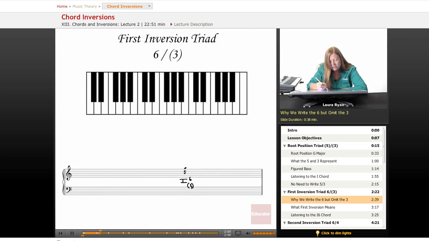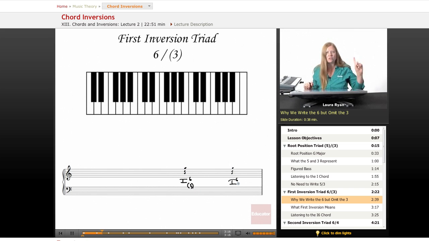There are 3 notes between the bottom note and the fifth. So the 3 is not necessary. If you write this and you write that underneath of it, 1, 6, that is immediately understood universally to be simple for a first inversion chord.